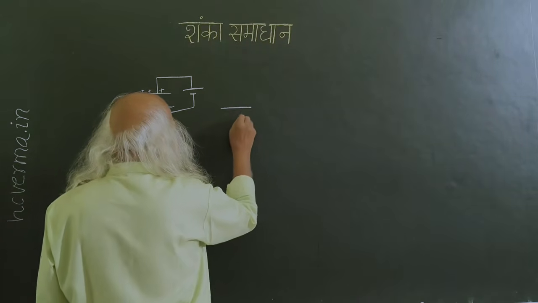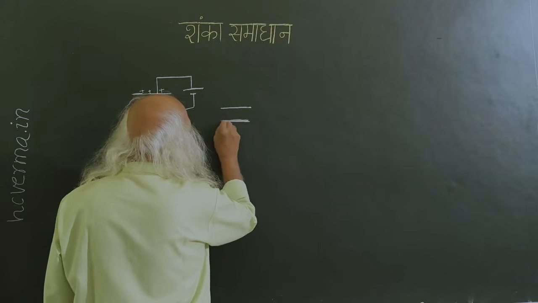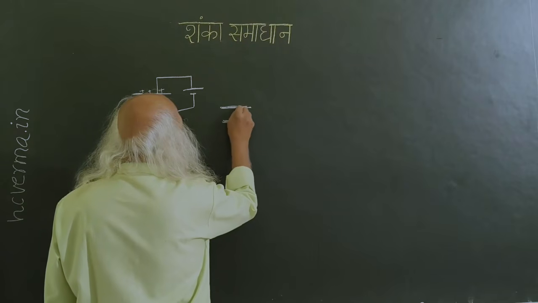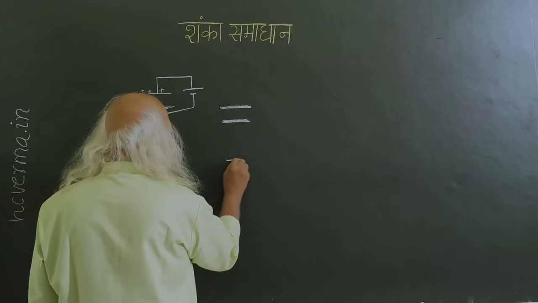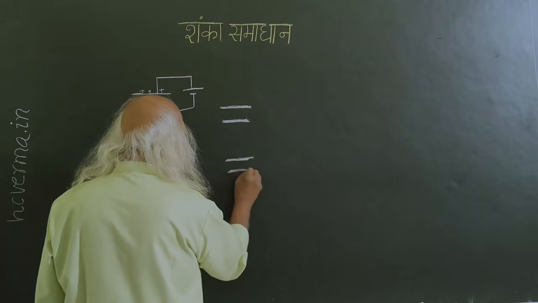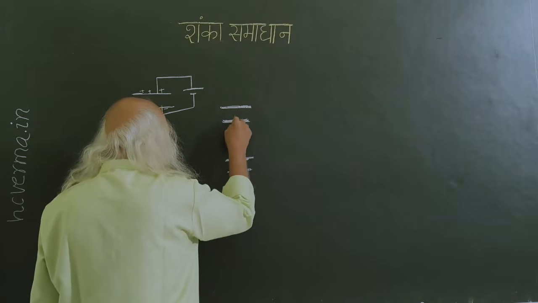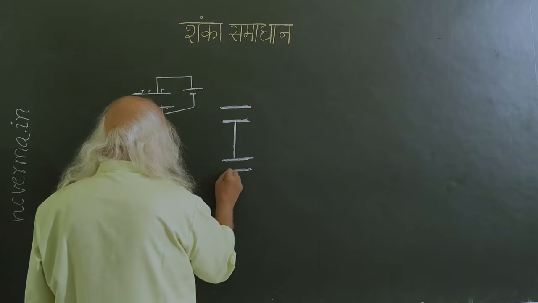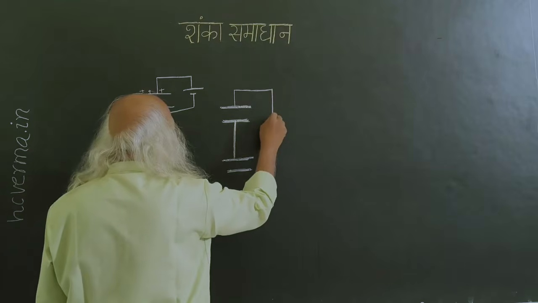So suppose you have two capacitors. One capacitor has this plate and this plate, and then you have one more capacitor with another pair of plates, and the inner plates are connected here. Then this whole thing is connected to a battery which provides the potential difference.